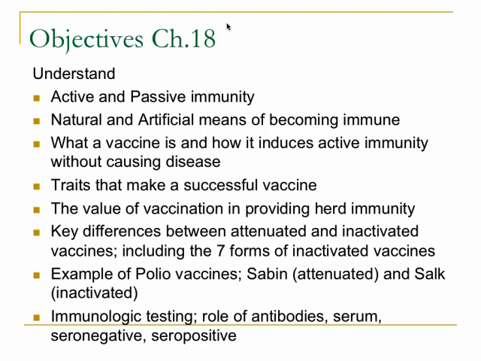Things like getting sick give us active immunity, lifelong immunity to most pathogens. But there are also artificial means, such as vaccination, that will also give us this long-term protection from pathogens without having to suffer through the symptoms of the disease.